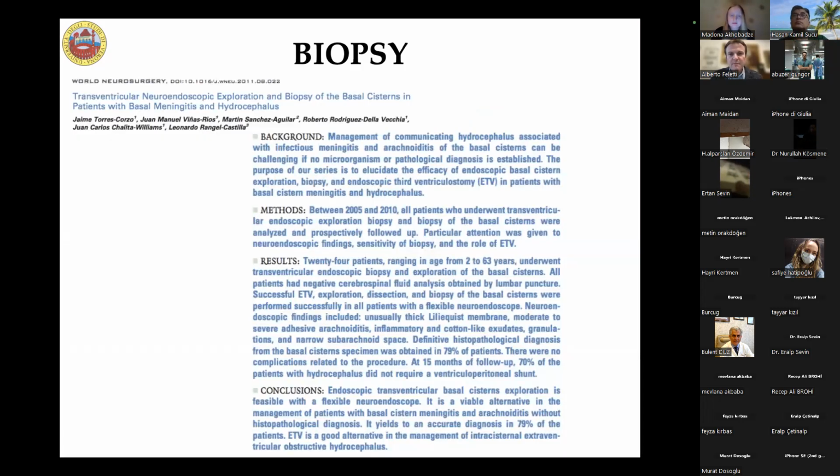Some groups even published the possibility to take biopsies of the basal cisterns through the ETV in cases of basal meningitis and hydrocephalus, when, of course, other diagnostic methods are not able to detect the microorganism responsible for the pathology.